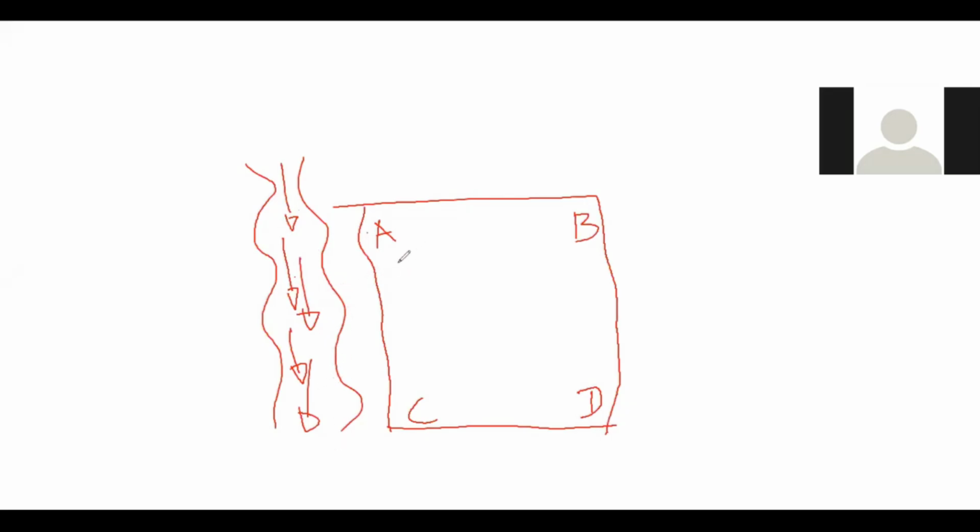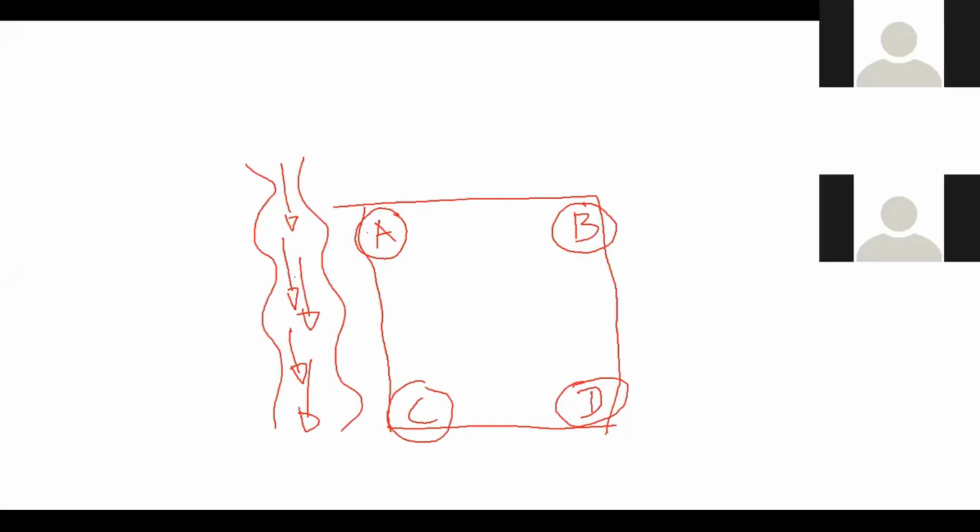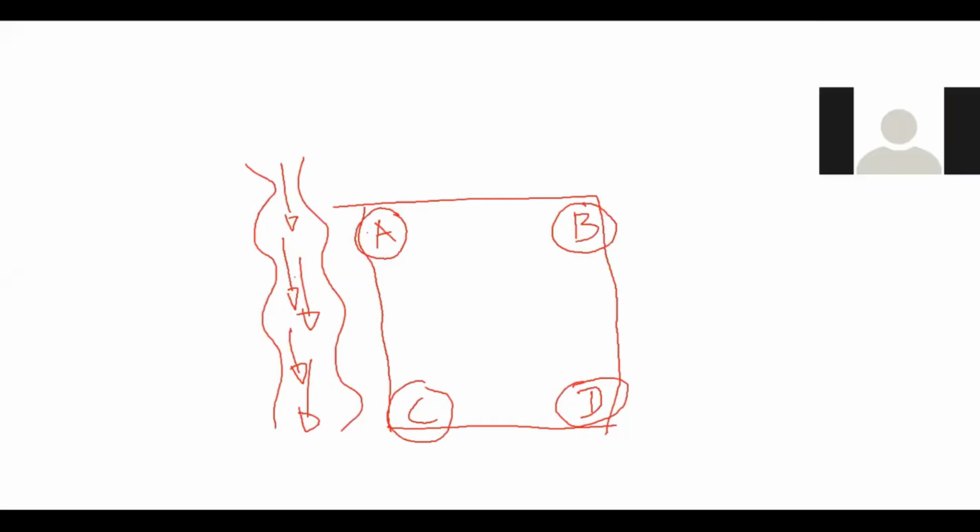Now tell me, I'm going to talk about the condition here in A, condition here in B, condition in C, and condition in D. Clear? Now, if you look at the different conditions in A, B, C, and D, can somebody comment about the condition?